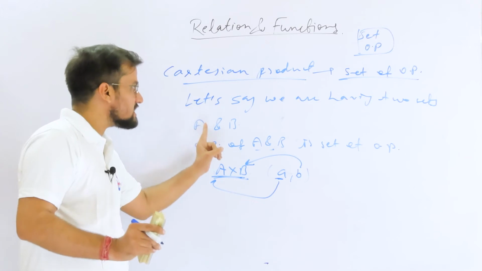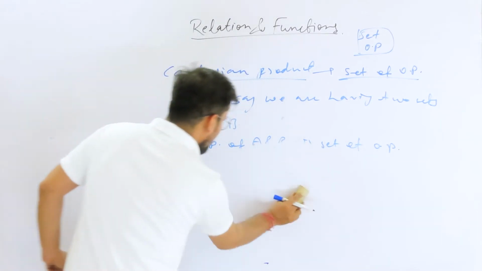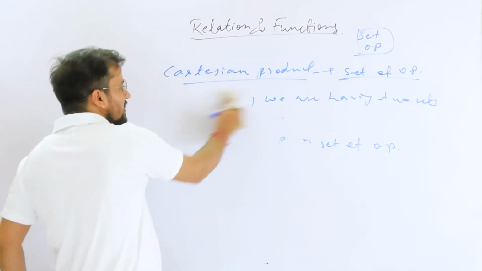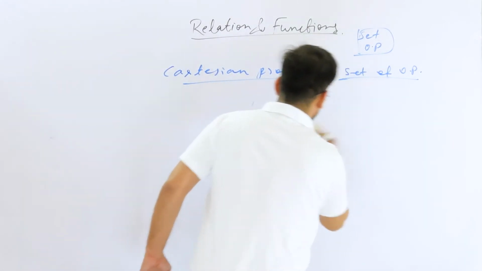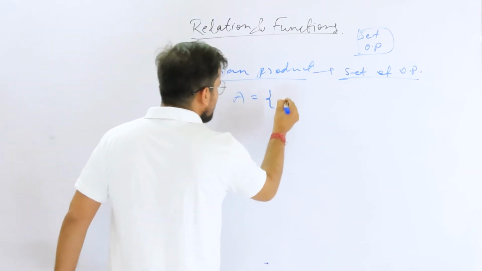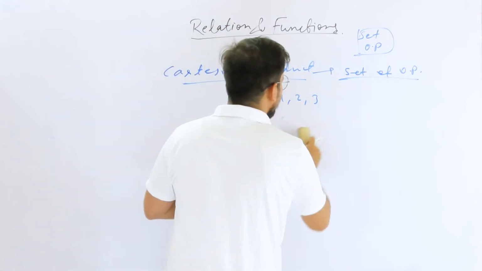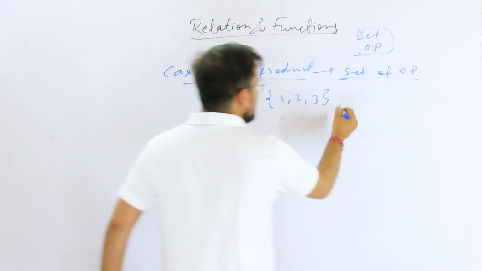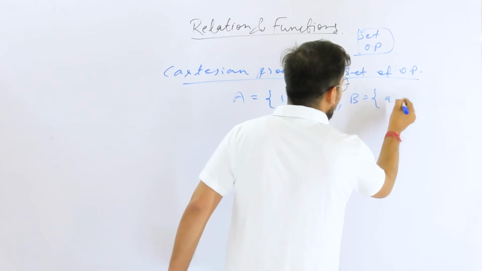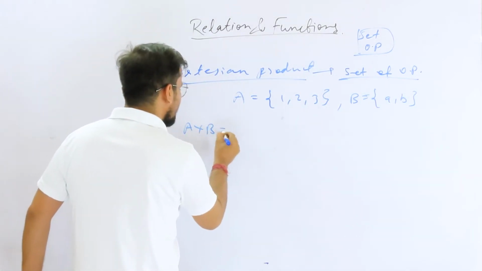If the definition is still not clear, I am giving you a live example. Don't worry, because My Dream is here for you. Suppose A equals {1, 2, 3}. This is a set, and B equals {a, b}. If we have to write A cross B, how will we write it?